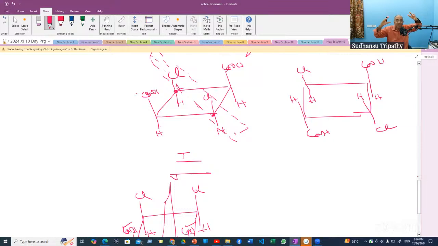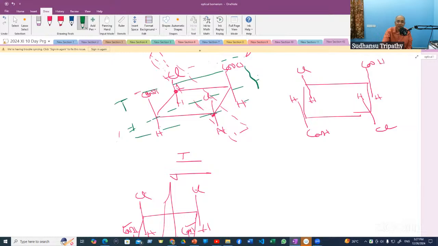Accordingly, molecules, inorganic as well as organic, belong to a certain point group which have similar or identical elements of symmetry. I'm unable to draw three-dimensionally. You can have another passing through this and this, but not at the midpoint like this.